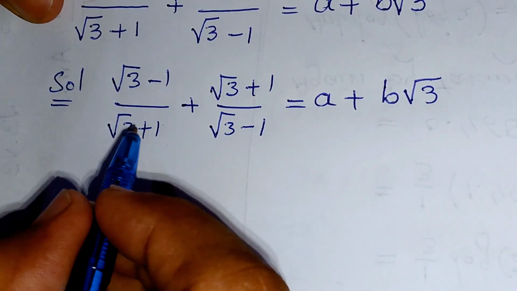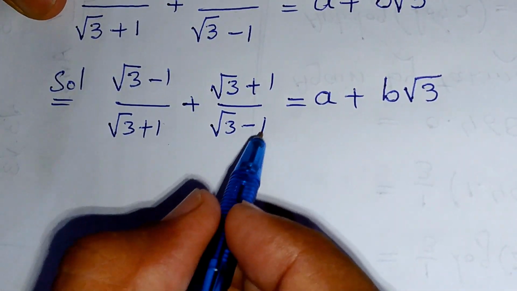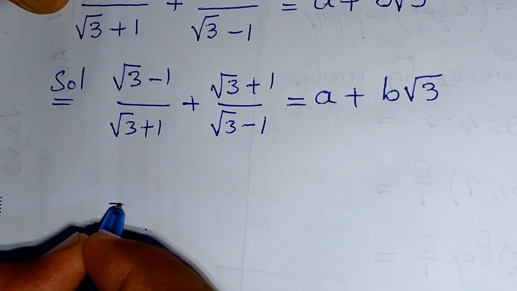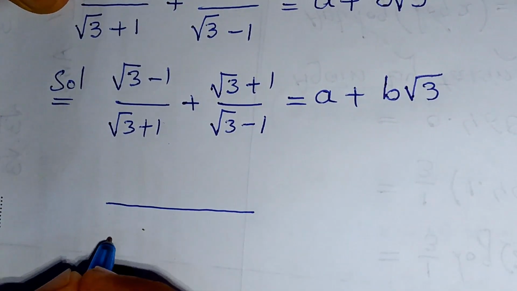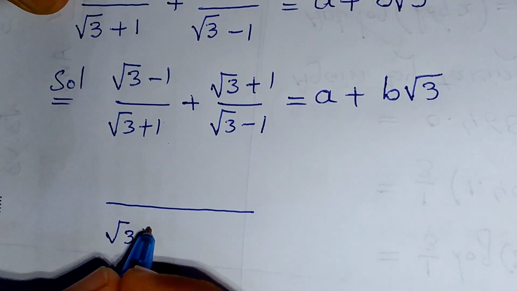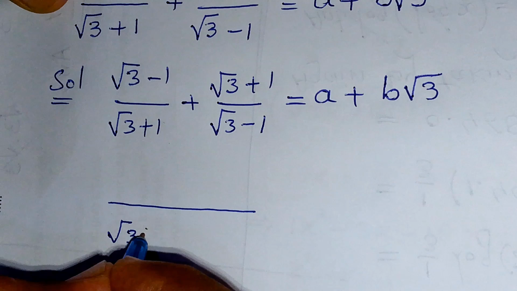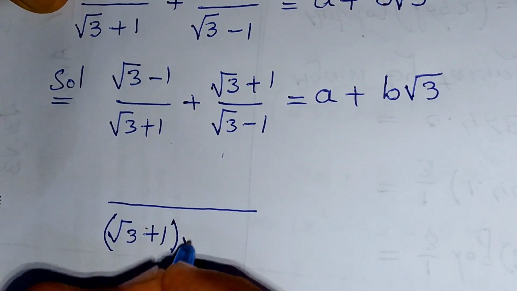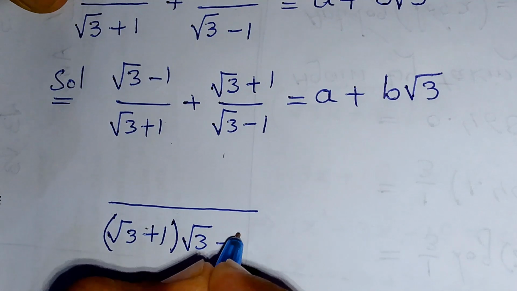In that step, we take the LCM of this value, so the LCM will be under root 3 plus 1 into under root 3 minus 1.